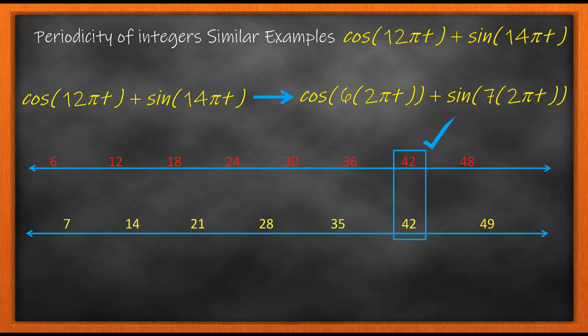This is another question where you don't get a common term till you reach a certain number of values. For 8 and 9, you will get it at 72. So the point is you keep writing these values on the multiple scale until you reach a common value, which is going to be the combined fundamental period. You need to extend these values on the multiple scale. In this case, the answer is 42.